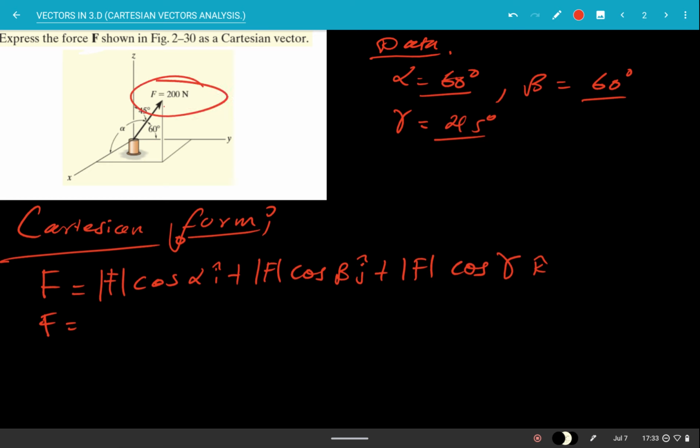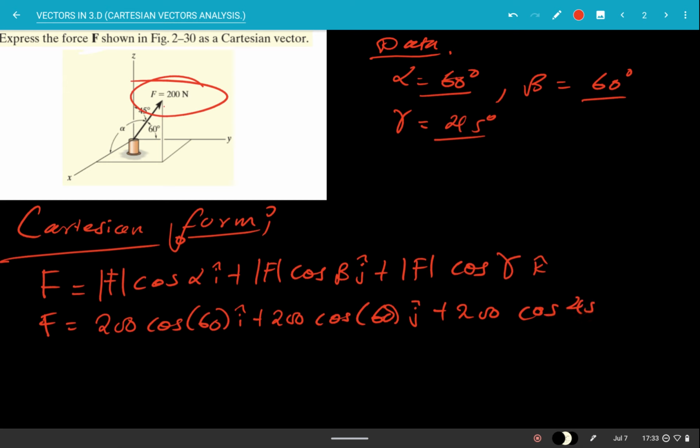The magnitude is the 200 we have. So we say 200 cos alpha, which is 60, in the I, plus 200 cos beta, which is 60, in the J, plus 200 cos gamma, which is 45, in the K.